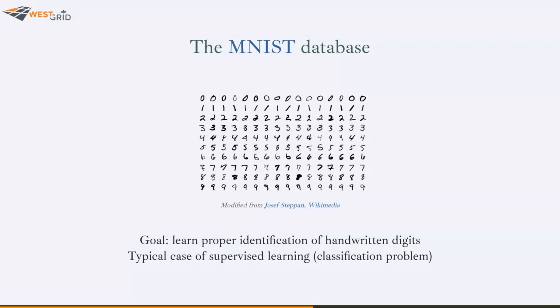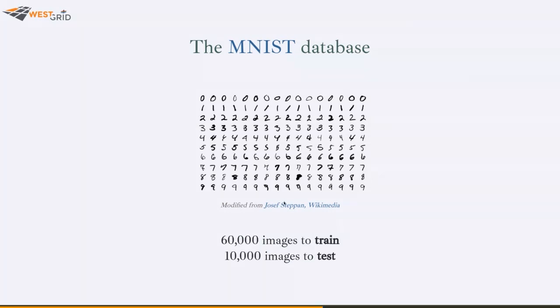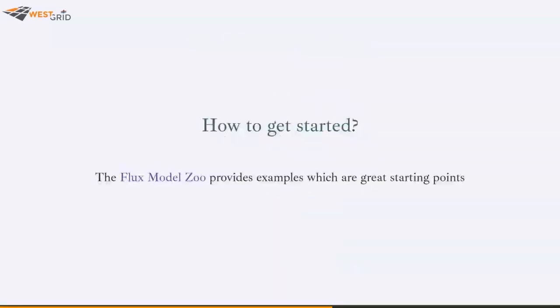The machine has to classify each image into 10 different categories, and they're discrete categories. The dataset has 60,000 images to train, and then 10,000 images to test. And it's an open source dataset. You can download it directly, but it's also commonly available in PyTorch, TensorFlow, Flux, etc.